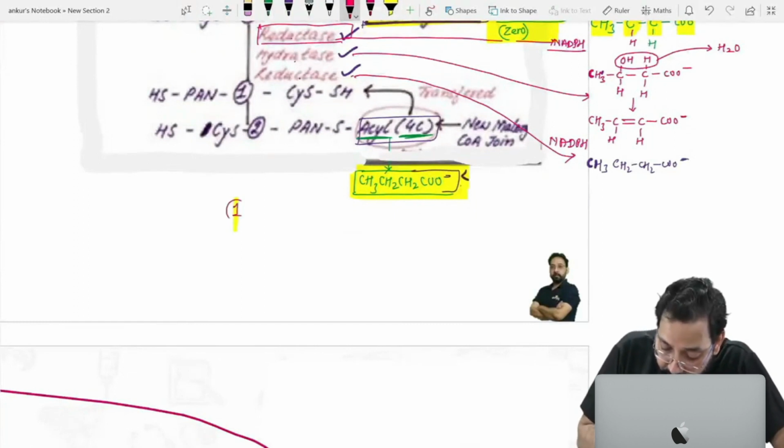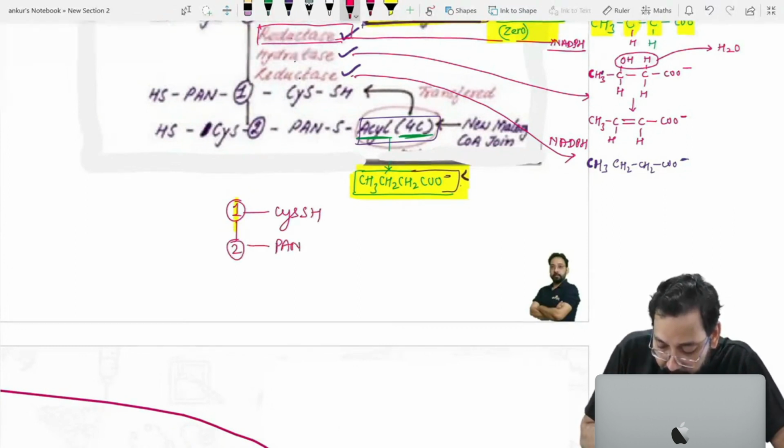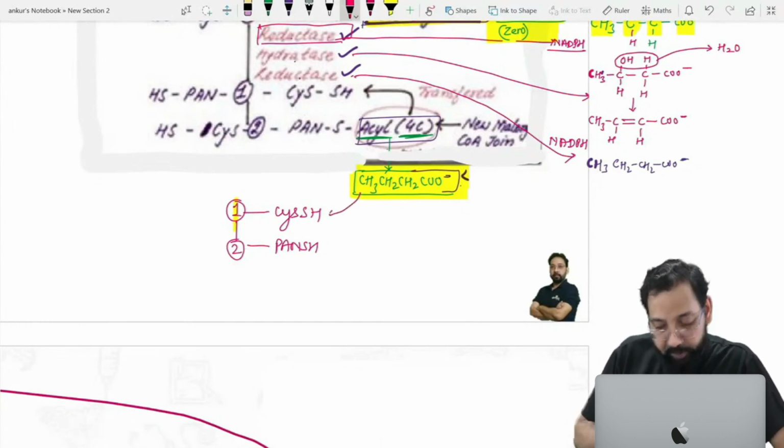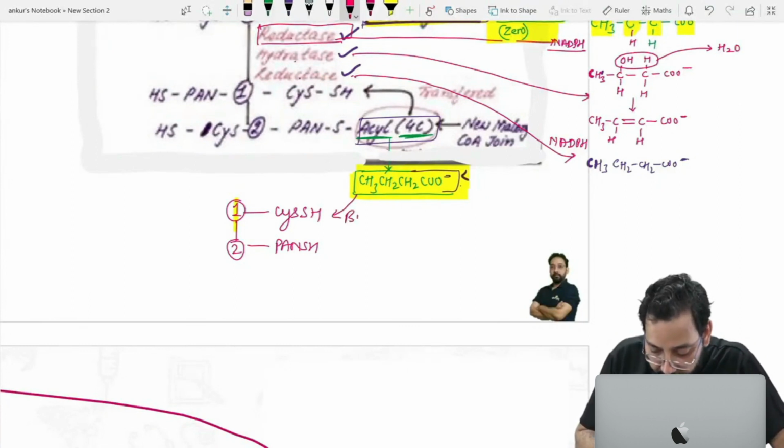This is unit 1, cysteine SH, unit 2, pan SH. Now I will transfer this butyric acid to cysteine.